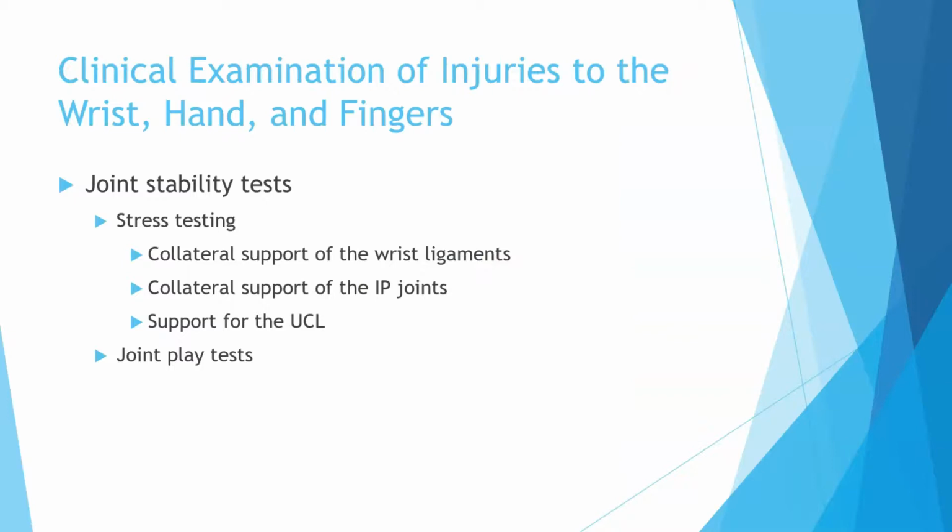Okay, joint stability testing. At length, we've already talked about the knee and now the elbow. So when we get into the wrist, hand, and fingers, when we're looking at those collateral ligaments, just like on the knee, there's a medial and lateral collateral ligament of the fingers, we would do a valgus and or a varus stress test to be able to specifically look and identify, when comparing bilateral, if something has the same laxity as a non-injured side.